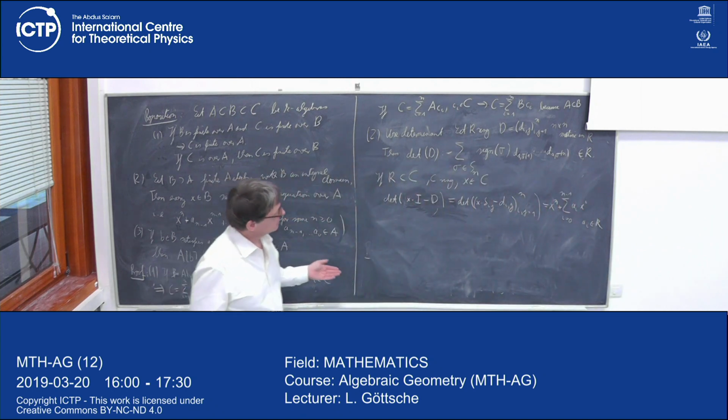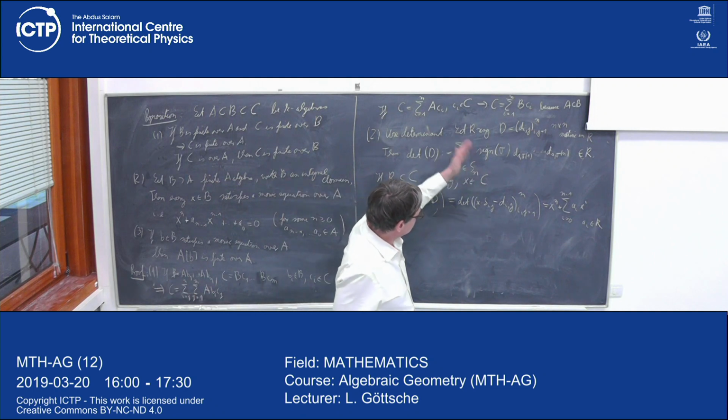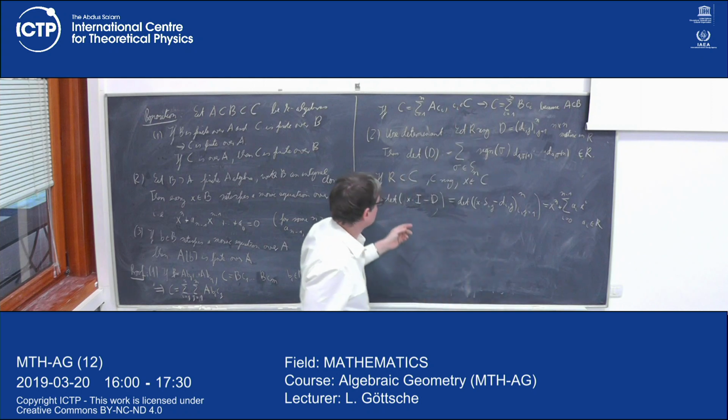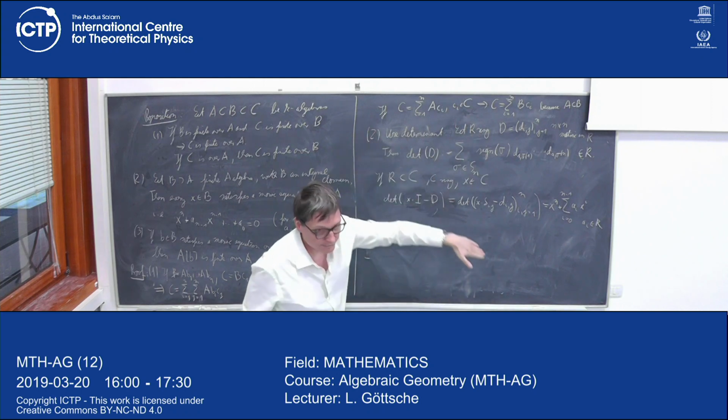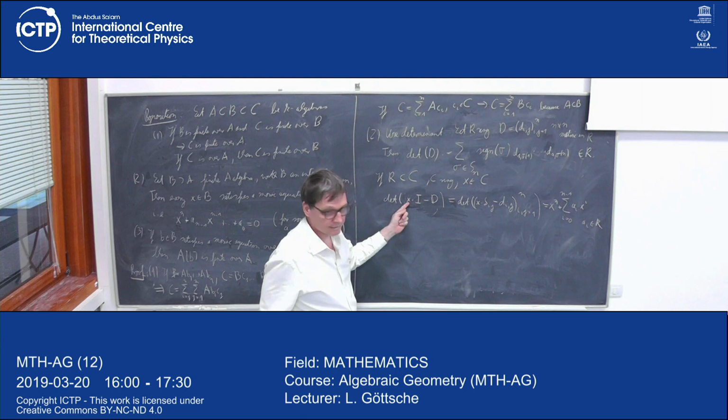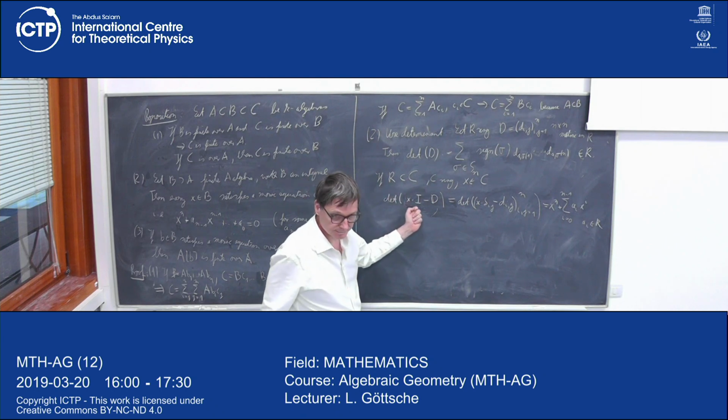We just have to see the only way how we can get x to the n is if we take here the diagonal term and then of that only take the part with x.